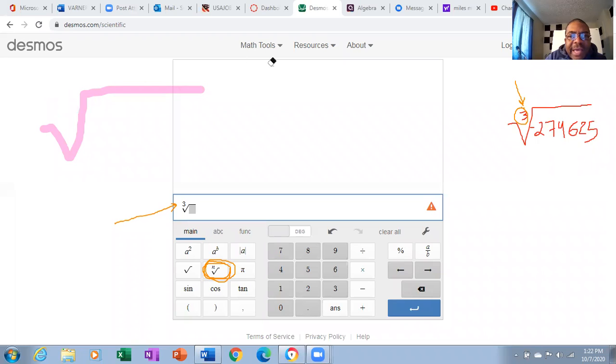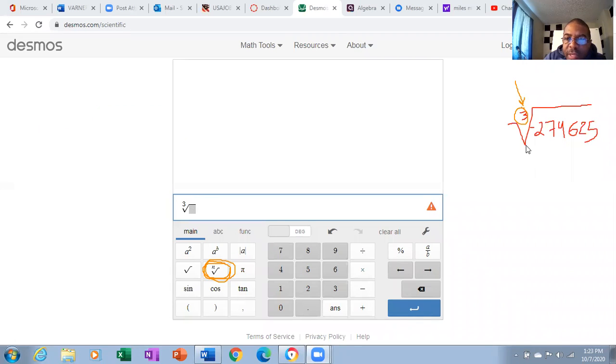We do have a name for an index of 3, and that's called cube root. You can actually have an index of 2, and we call that square root. And the great thing about the index of 2 is if it's an index of 2, we don't even show it. The radical just looks like that.